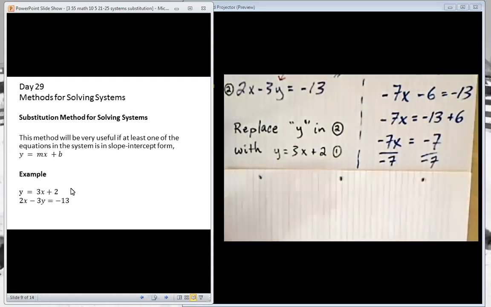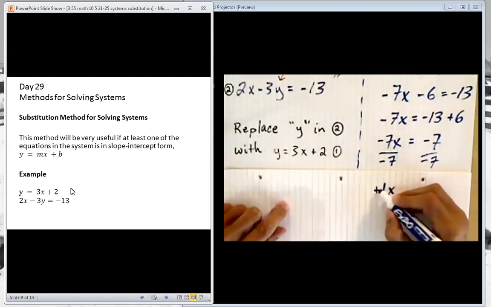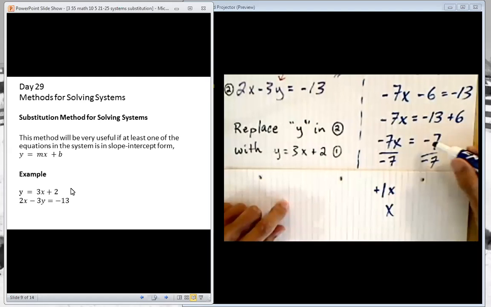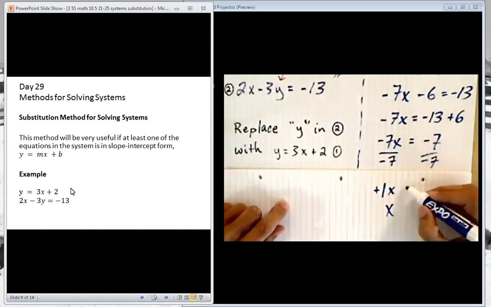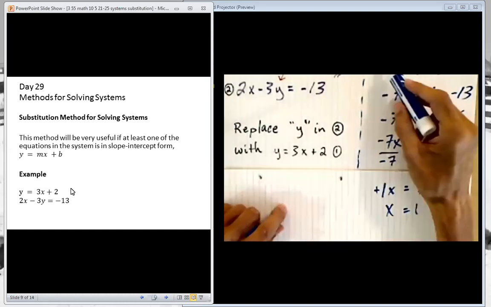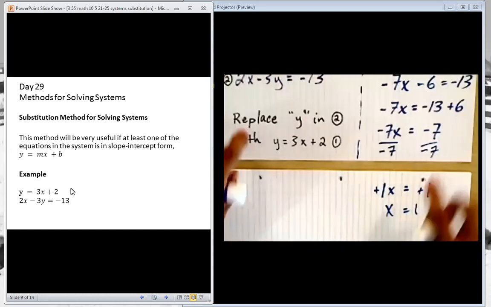What's 7 divided by 7? 1. Negative divided by negative? Nice. So plus 1x is the same as just regular x, right? Negative divided by negative is positive. Okay, so check this out. The x value we need is x equals 1.